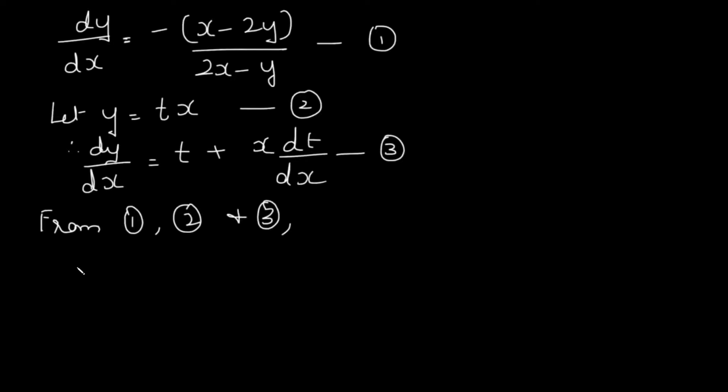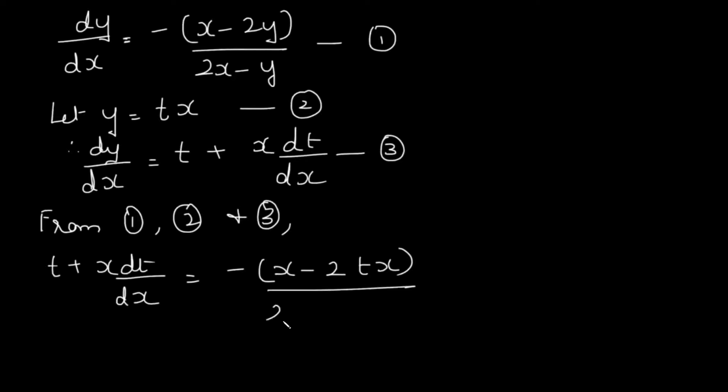So that is substituted in the first equation. So t plus x dt upon dx is equal to, now wherever y is there on the RHS of the first equation, we are going to write tx. So minus (x minus 2tx) upon (2x minus tx).